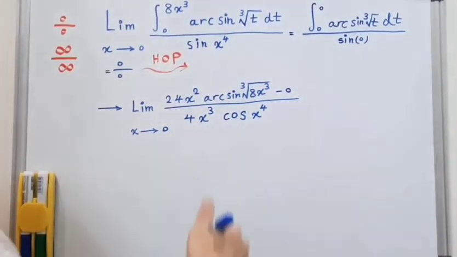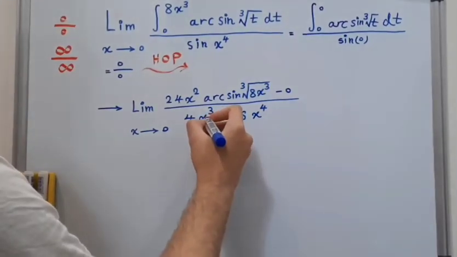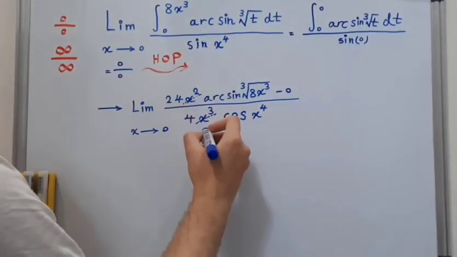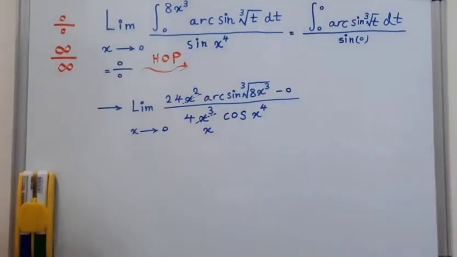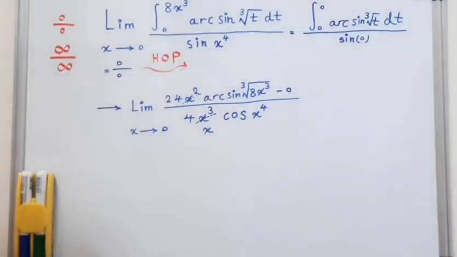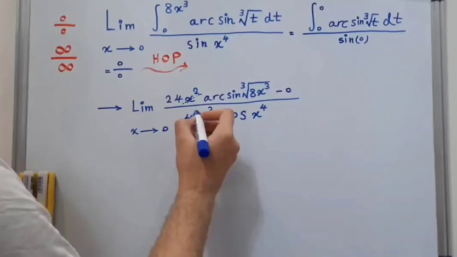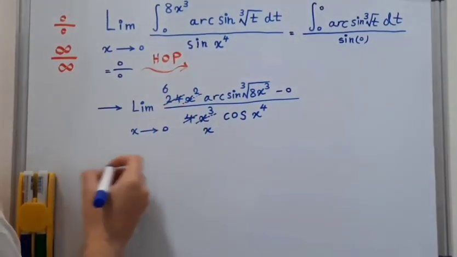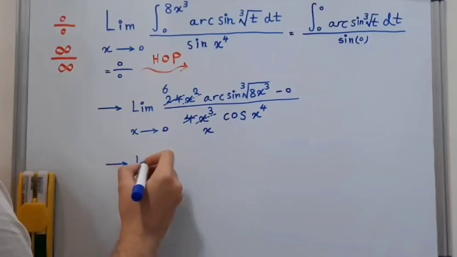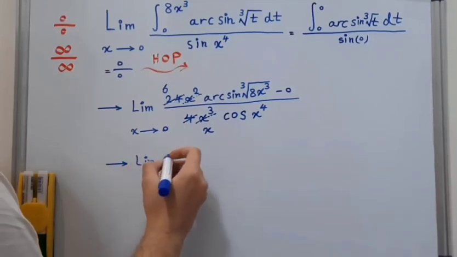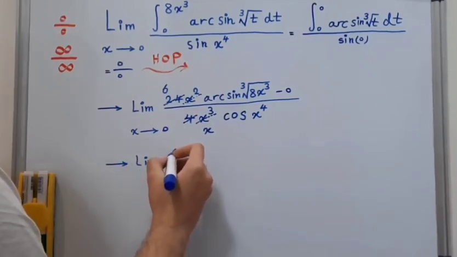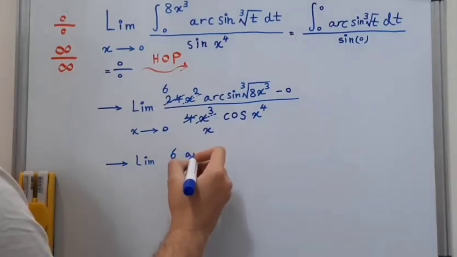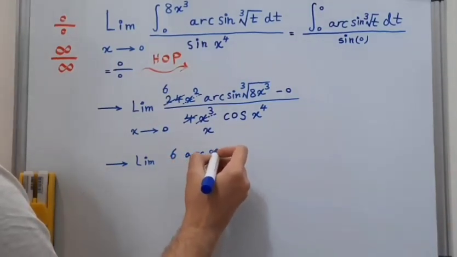Let's simplify a little bit. This x to the power 3 goes with this one, and we will reach here just x to the power 1. And this 4 goes with this, and we will reach 6. So it will be 6 inverse sine.